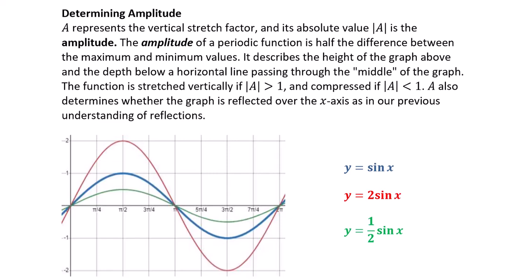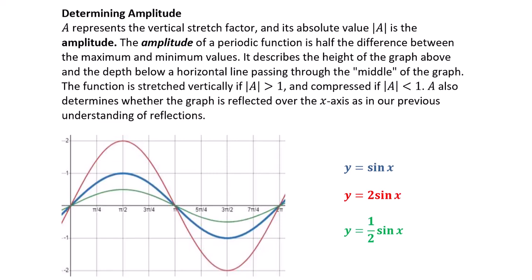Here we can see our standard y equals sine of x graph in blue. y equals 2 sine of x is in red, and it shows that every point has the y component multiplied by a factor of 2.